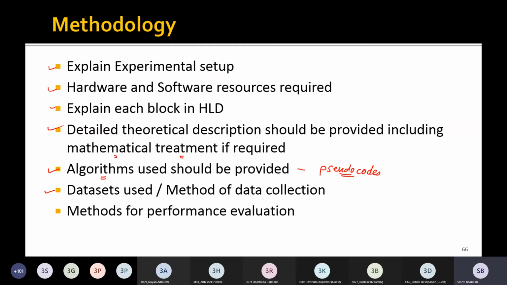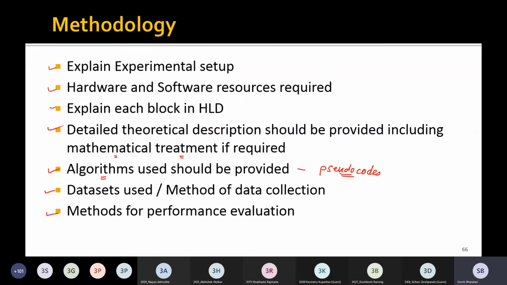After building your system, how you are going to assess the performance of your solution, how you are going to evaluate the performance of your system, that also needs to be mentioned.